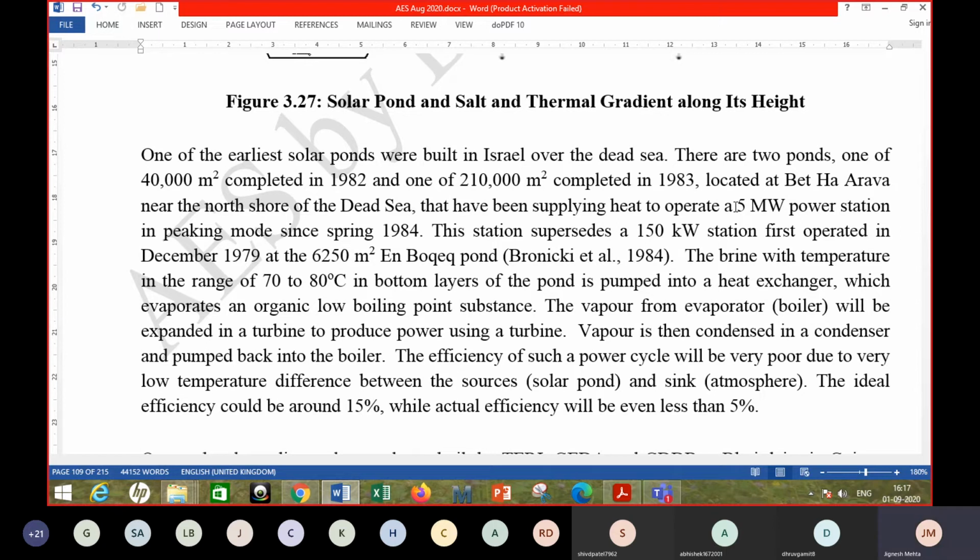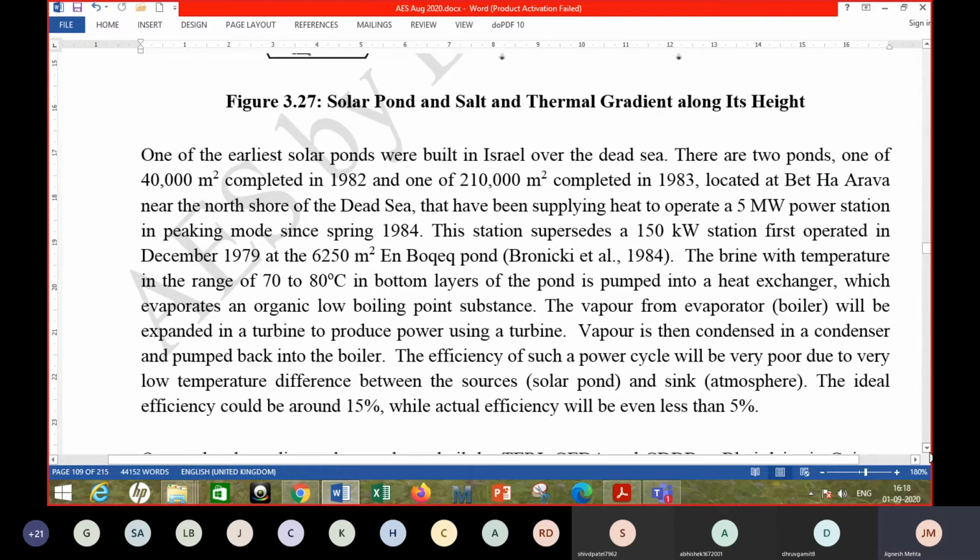Water will not be the working medium. You can have a working medium like some freon or some organic material. And so that power plant was established, and then another much bigger one was built. This is 150 kilowatt, right? So that is a smaller one, which was established previously. But then with this larger area, this 5 megawatt peaking power station was established.